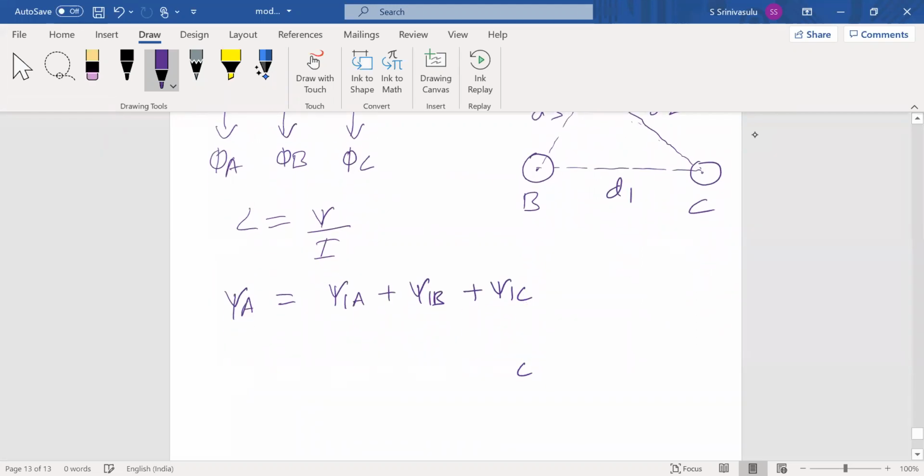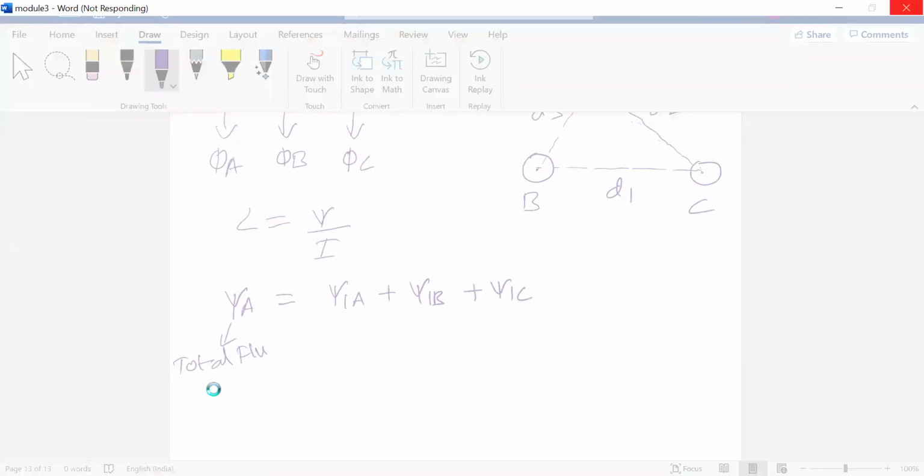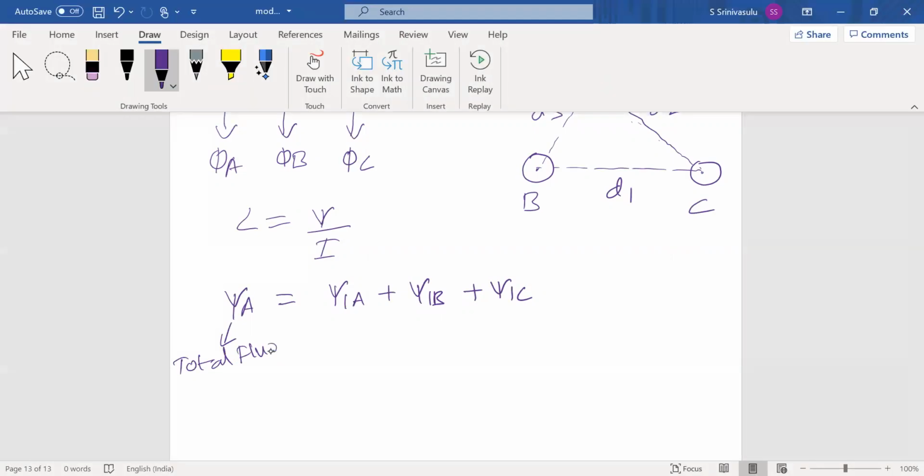It is the total flux linkage of conductor A due to its own flux.